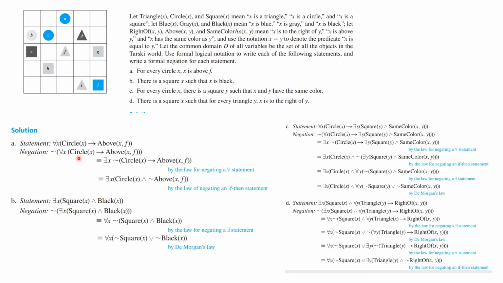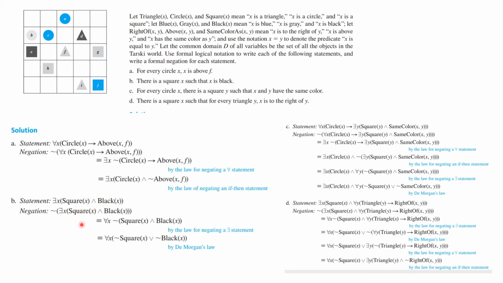Okay, so the statement is for every x, circle x implies above x, comma, f. And so the negation of that, after you simplify it, is there exists x, a circle, and it is not above f. In B, the statement is there exists an x such that, and then it is square x, it's a black square basically.